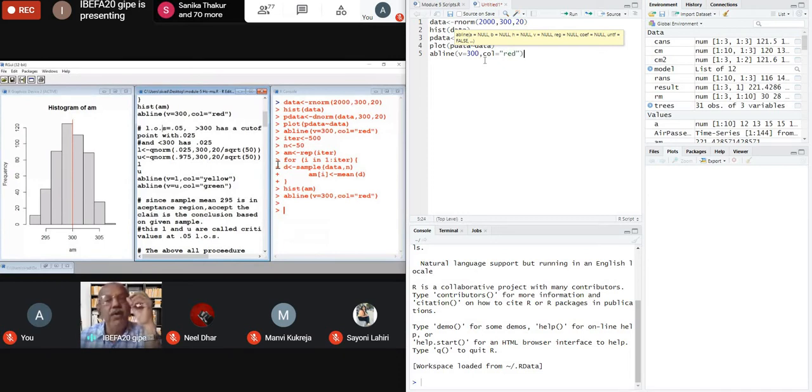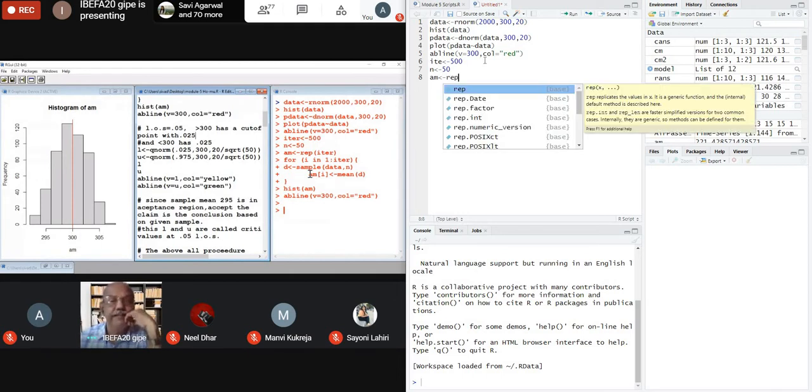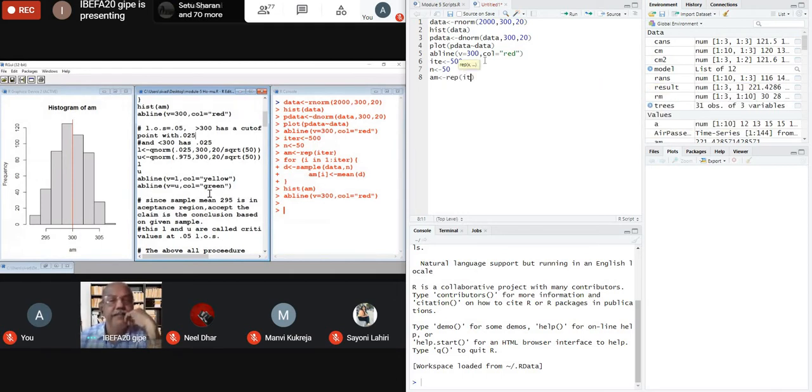Since the level of significance is 0.05 and H1 is two-sided, there is 0.025 to the left and 0.025 to the right. That is what I have shown on the graph.